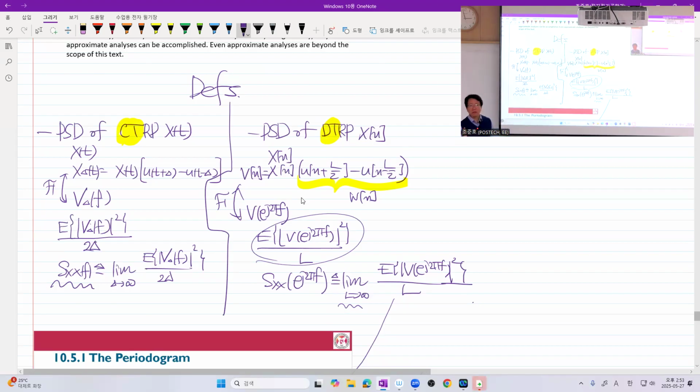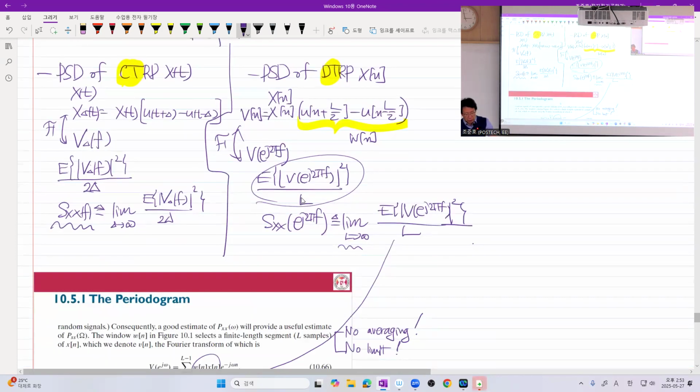So this is the definition. And the periodogram approach tries to mimic this definition. Got it? And the alternative method is related to the Wiener-Khinchin theorem that gives you an equivalent definition of the power spectrum. But anyway, let's see the periodogram approach first.